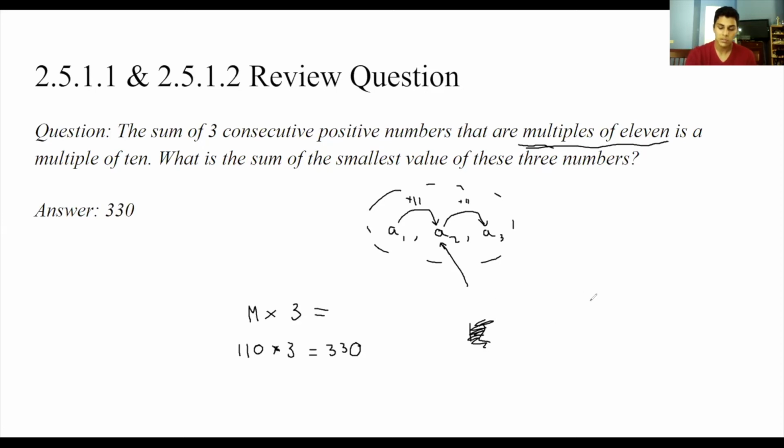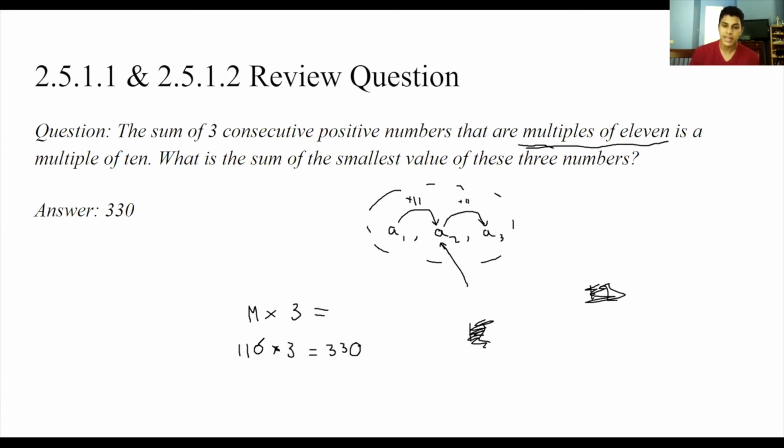And since 12 is a multiple of 4, if I multiply 12 by any number, the resulting number is also going to be a multiple of 4. And that same concept applies to this. If I multiply 110 by any number, the resulting number will be a multiple of 110. And since 110 is a multiple of 10, no matter what I multiply 110 by, the resulting number will also be a multiple of 10.